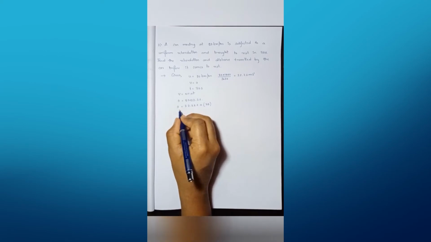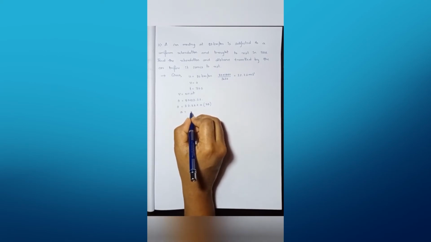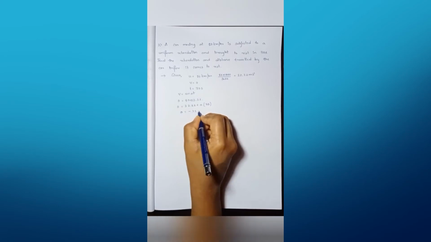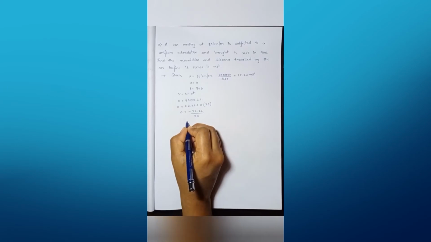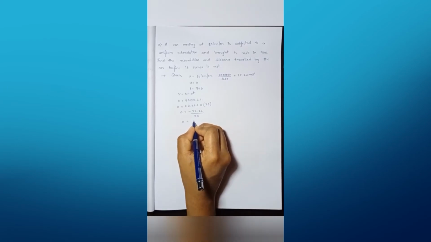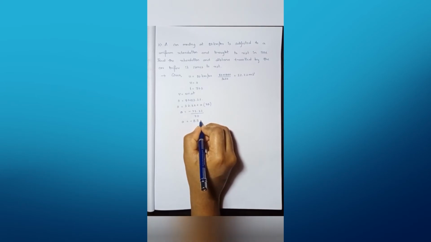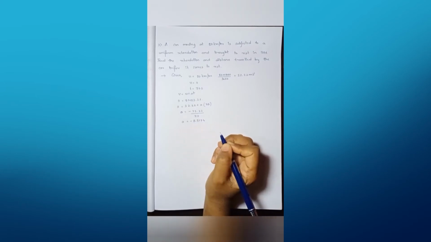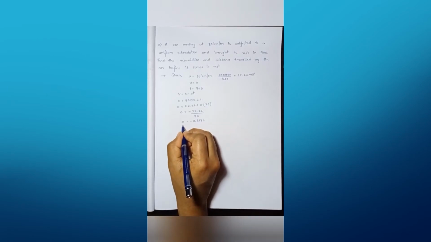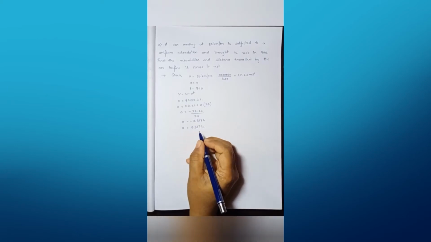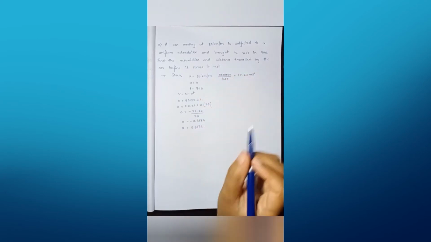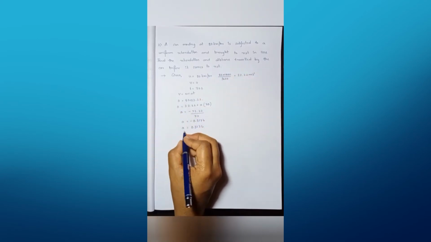So we'll take this side, a is equal to minus 22.22 divided by 70. So what we get is minus 0.3174. Okay, so retardation, with a negative sign, we write the retardation as 0.3174.